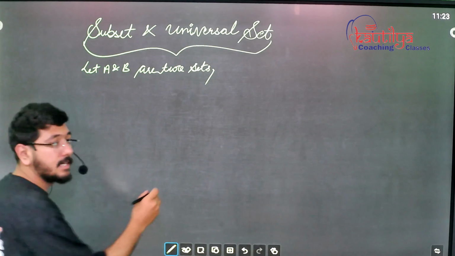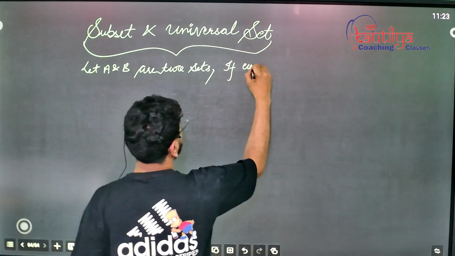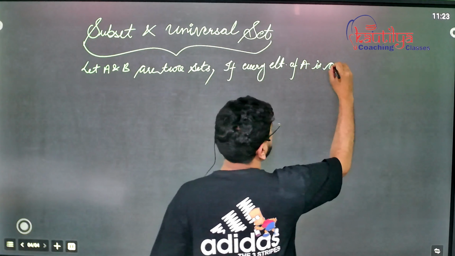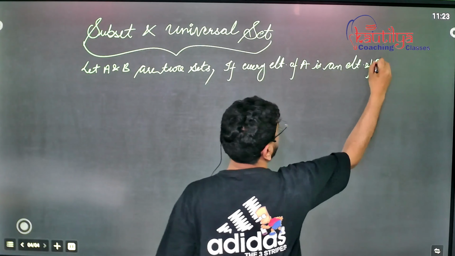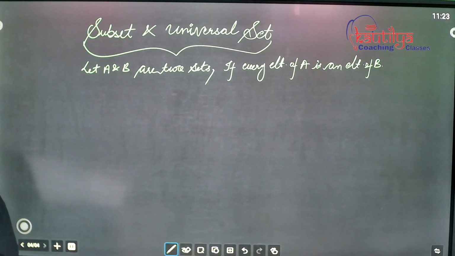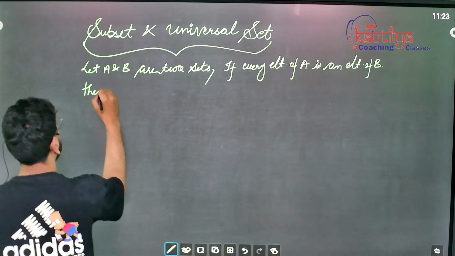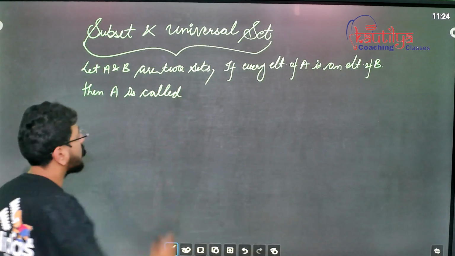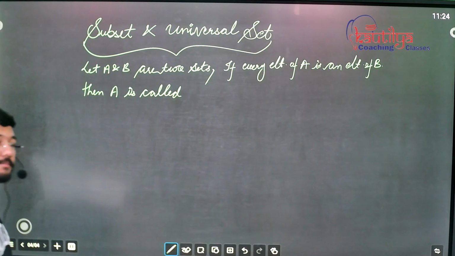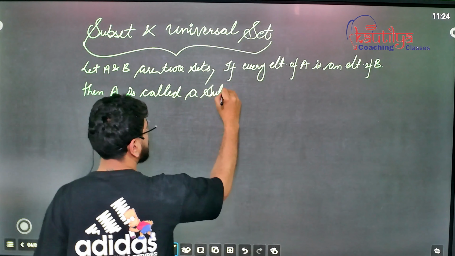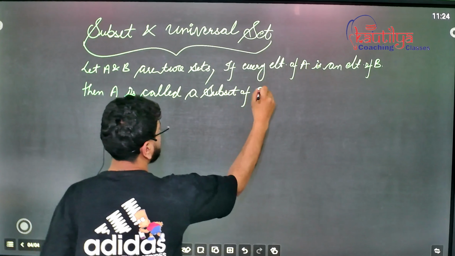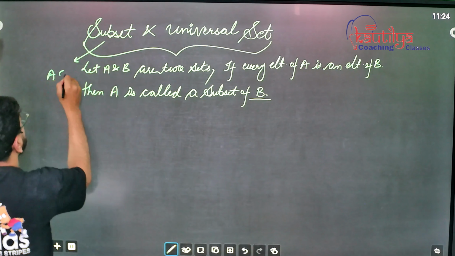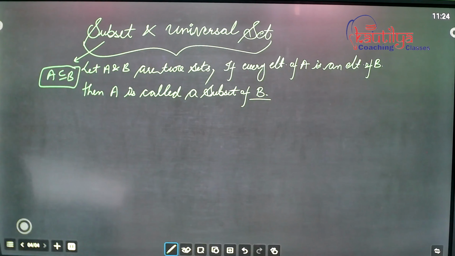If every element of A is an element of B, then A is called a subset of B. The representation for subsets is A is a subset of B.